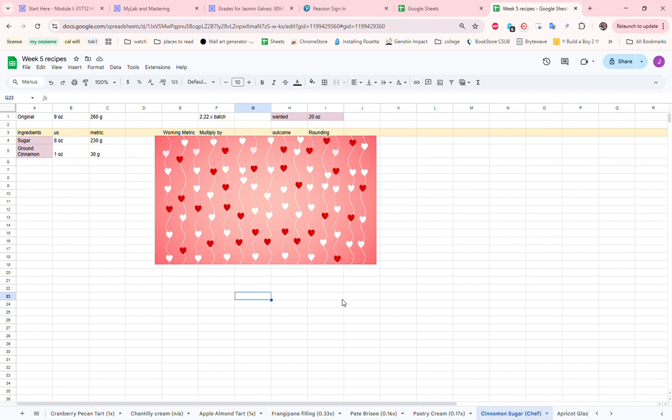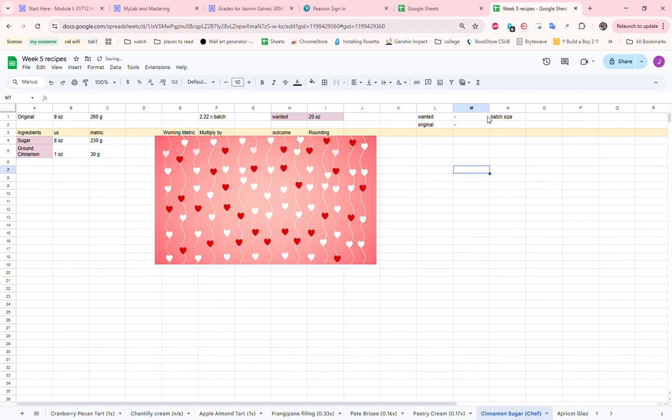Now for this one, Chef will be making, but just in case she wants us to go ahead and write these down on note cards, we have the ingredients: sugar and ground cinnamon. Original is 9 ounces or 260 grams. Wanted is 20 ounces. The way to get this batch number is going to be wanted over original is equal to batch size.